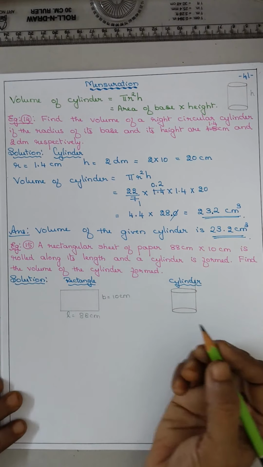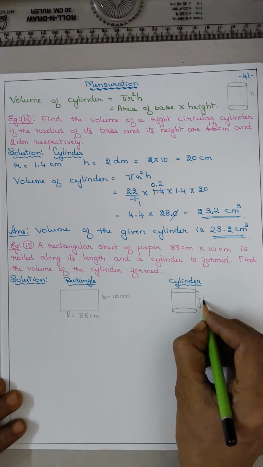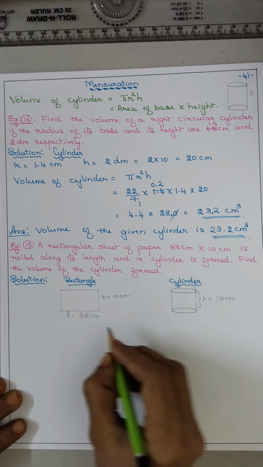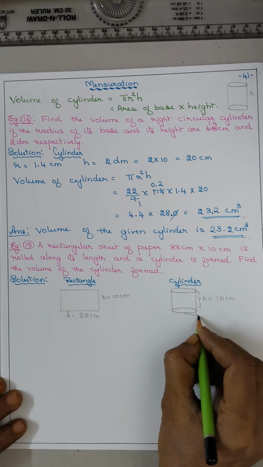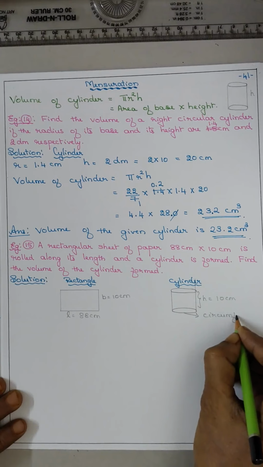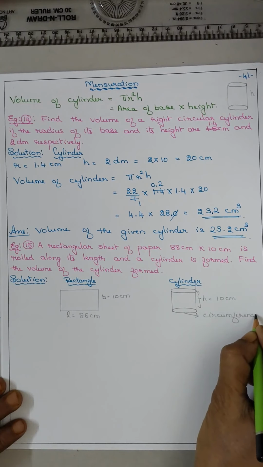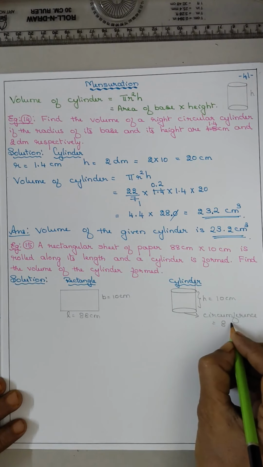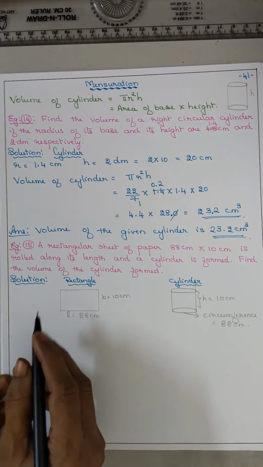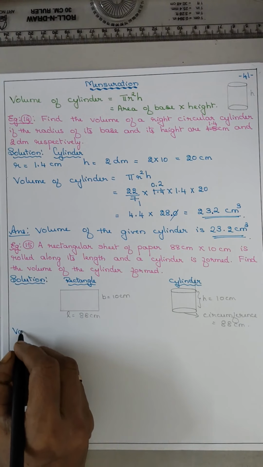Now breadth becomes the height, that is 10 centimeter, and length becomes the circumference, isn't it? Circumference is equal to 88 centimeter. Now we have to find out the volume. So volume of the cylinder formed.